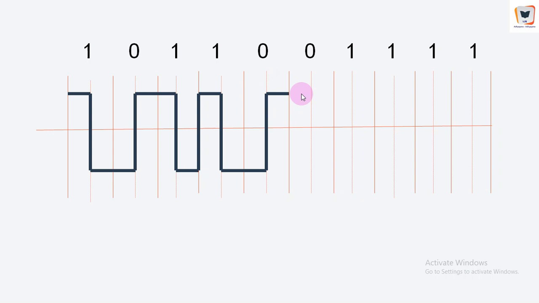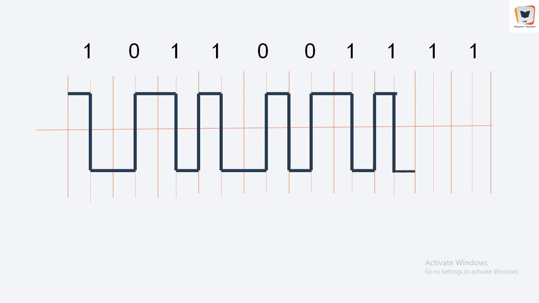Then once again, there is 0. The next following bit is also 0. That's again from low to high. Therefore there is a transition. So wherever there is a repetition of the same kind of bit, there will be a transition at the boundaries. Here you can see very clearly low to high, high to low, high to low. In order to achieve high to low, there is a transition, high to low once again.